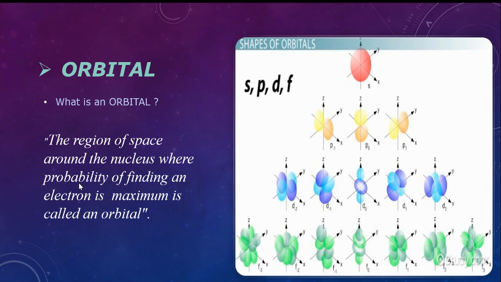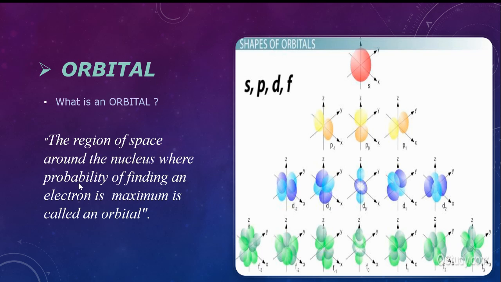The reason is that the electron is a very light particle, lighter than light itself. So to locate its position, if you pass light on it, it will move away from that place. Thus, the exact location of the electron in an orbital is not known. That's why we are using the word probability. Most probably, we will find the electron here.